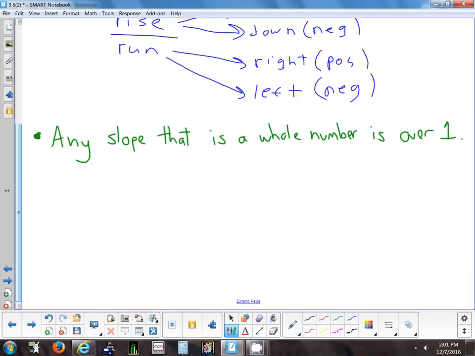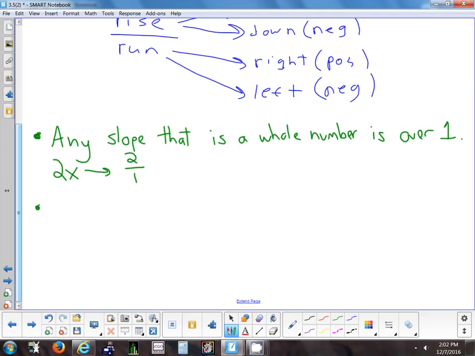We need to know where to go. So any slope that's a whole number, we're going to put over 1. If your slope was, let's say, 2x, you need to know that when I use that slope, it's going to be 2 over 1. Right, so any slope that's a whole number is always over the number 1.